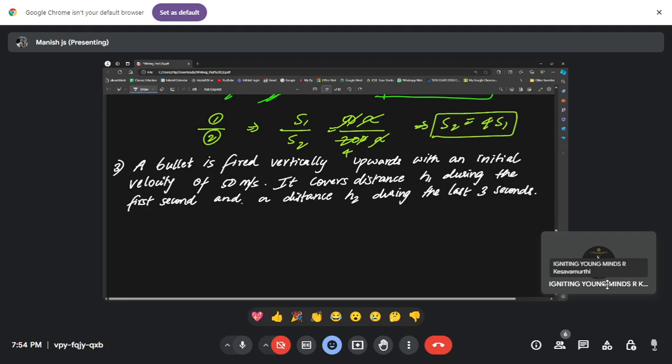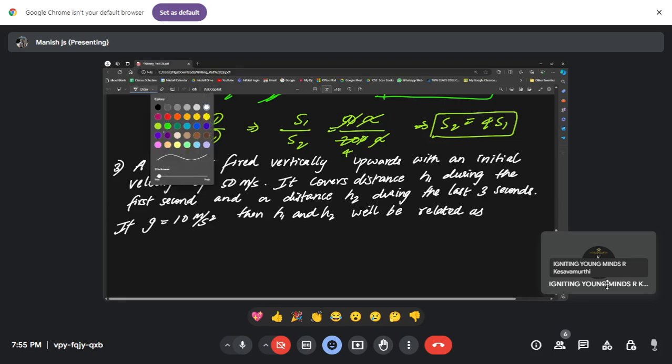If g, that is acceleration due to gravity, is taken as 10 meters per second squared, then h1 and h2 will be related as, now here you have the options.